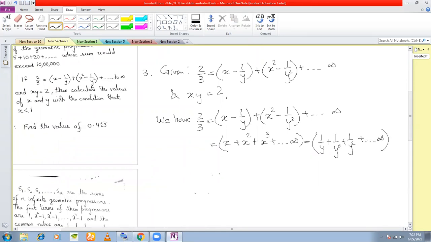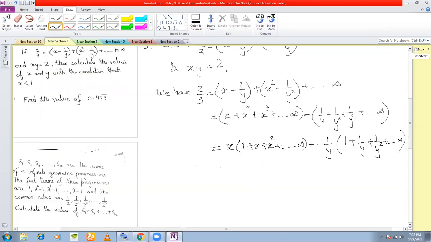Okay. So now from here you can take x out. You get x times (1 plus x plus x square plus up till infinity). Minus, from here, you can take 1/y out to get 1/y times (1 plus 1/y plus 1/y square plus up till infinity), right?